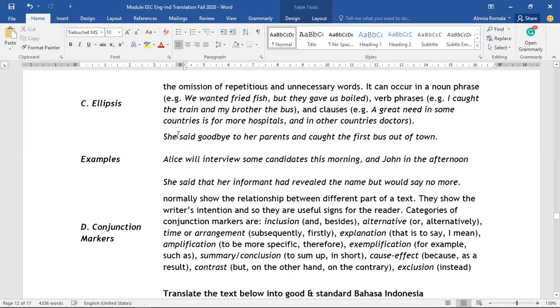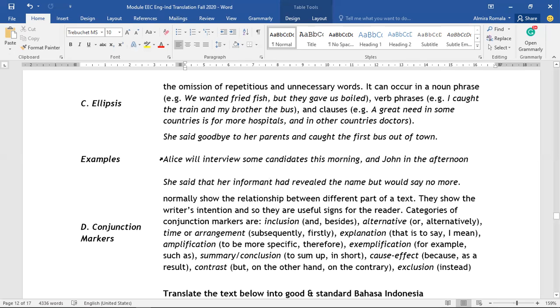As the subject is the same, we only state it in the first clause. So the complete one would be, she said goodbye to her parents and she caught the first bus out of the town. Ya, dia mengucapkan selamat tinggal ke orang tuanya dan naik bis keluar kota. Bis pertama keluar kota.